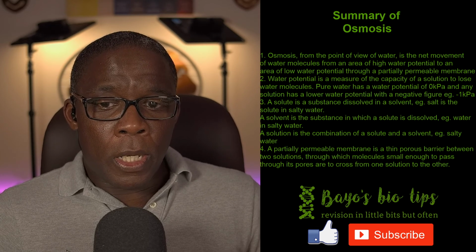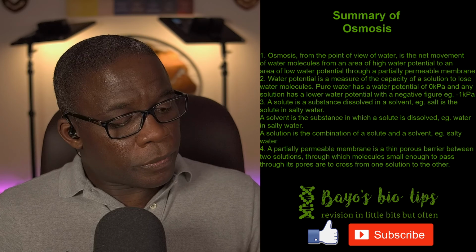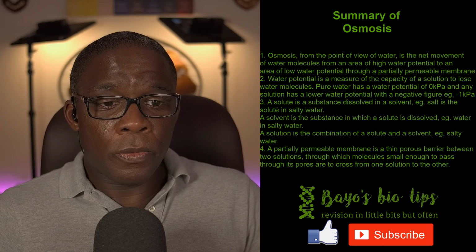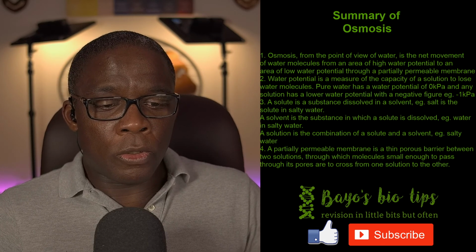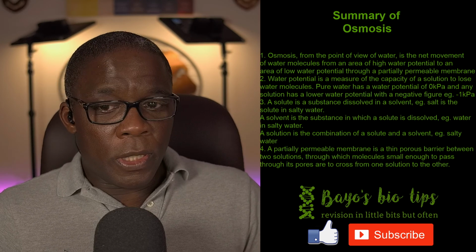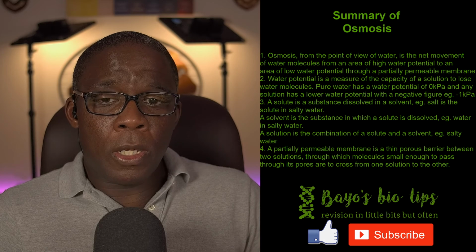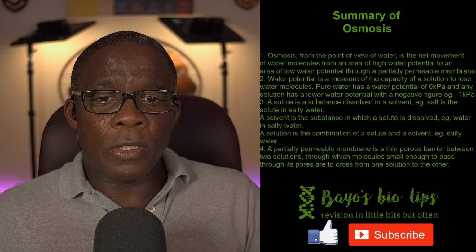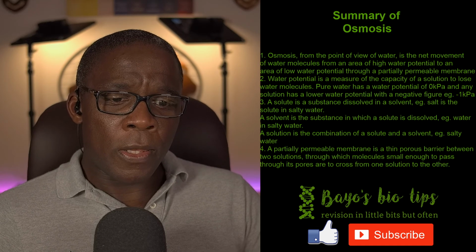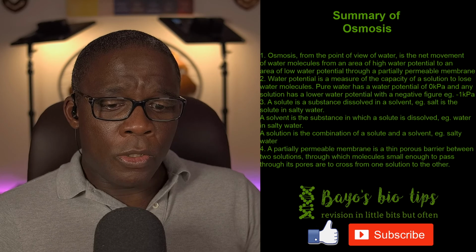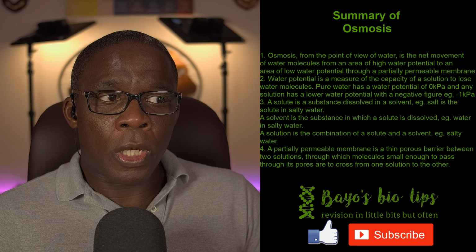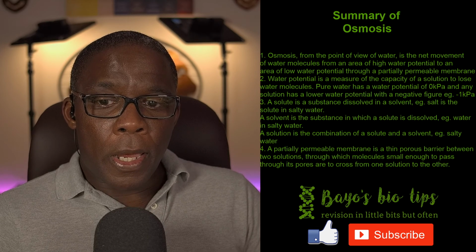It enables small molecules to pass through from one solution to the next. So that's what osmosis is. The main part of this that some people sometimes struggle with is the concept of water potential. And I would suggest that you do some past questions just to see how questions are asked on this topic at GCSE.